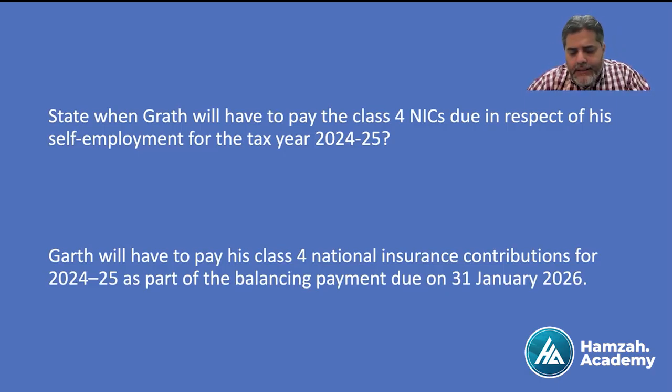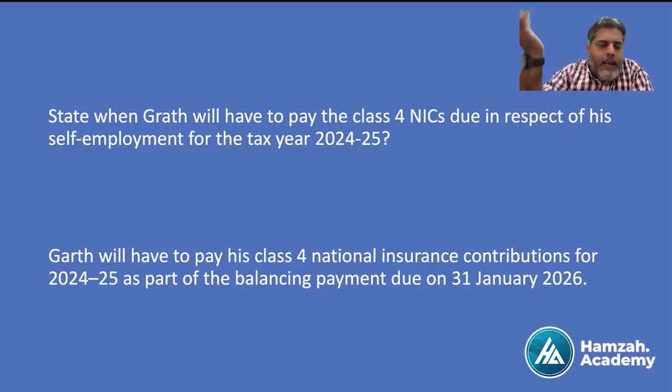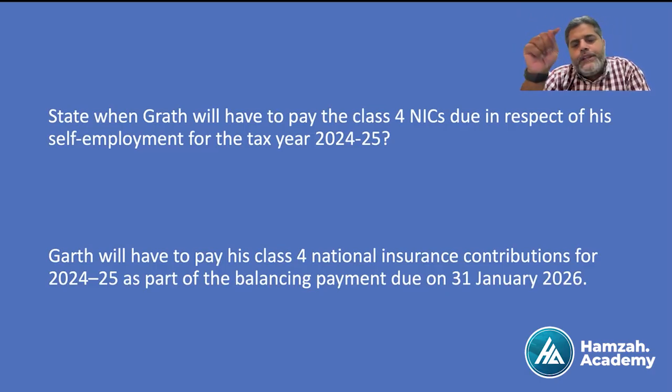Technically, before the self-employment he was employed, so payments for 24-25 are not required because his income tax liability was collected under PAYE at the time he was employed, right? So the class 4 has to be paid when it falls due on 31st January 2026.